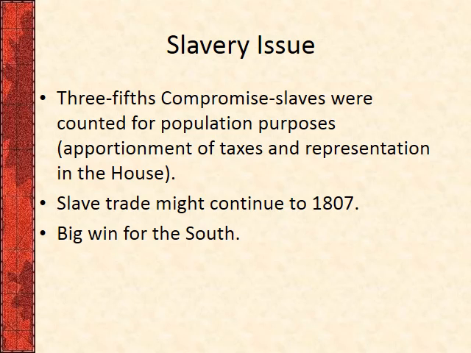So the North said, well, okay, South, if you want to count your slaves for population purposes, then free them, and then they can vote and they can all this. South's like, whoa, we're not going to do that. So they had to come up with a compromise, and they came up with this odd fraction of 3/5. So a slave counts as 3/5 of one person for population purposes for determining apportionment of both taxes and representation in the House of Representatives. Good luck figuring that one out.